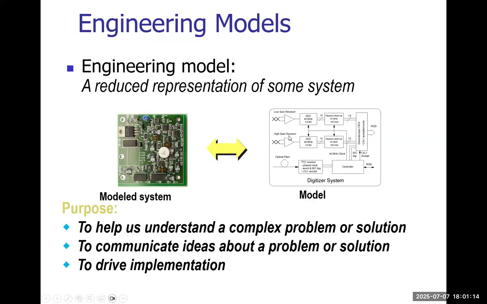So the engineering model is a reduced representation of some system. For example, just by looking at the real product, you cannot tell what this system is doing. However, when looking at the model, you can tell what this system is doing.